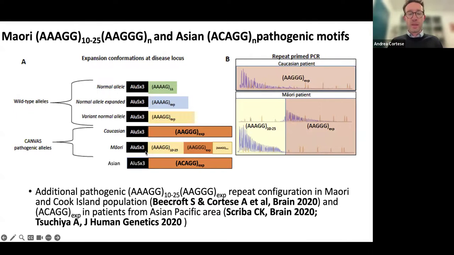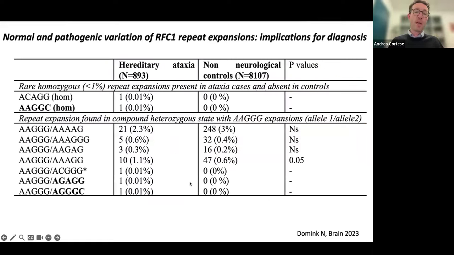So there are pathogenic motifs that are more common in Asians, ACAGG, in the Maori population in Australia. And we identified in the UK as well some others that were previously unknown, like AGGGC, AGAGG. So you see that it's always 4 or 5 letters repeated many times, usually hundreds or thousands of times.